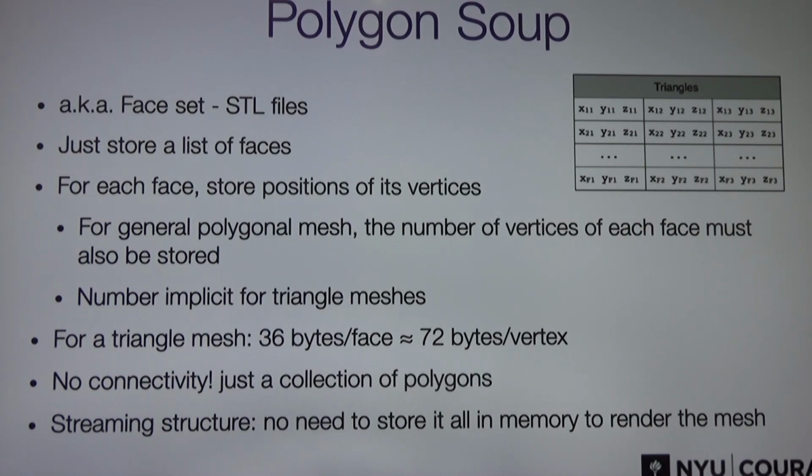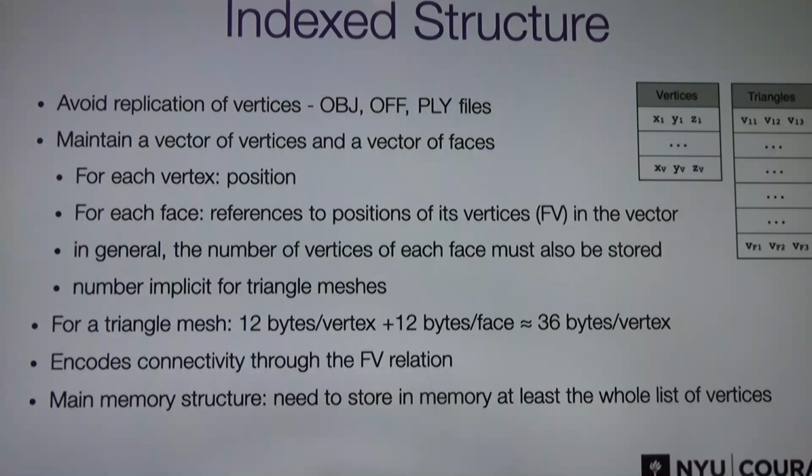For the general mesh, you could also store the number of vertices, or you could do it implicitly for triangular meshes. You don't encode any connectivity whatsoever. You just encode a collection of polygons. A funny thing is, you don't have to store it all in memory, because you can do it in a streaming way, because all the triangles are independent here.